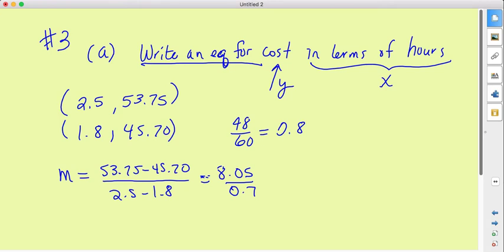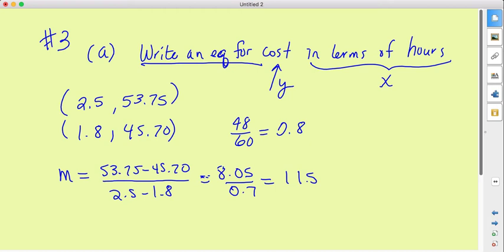That's 11.5. Okay, thank you. All right, so what does that mean?